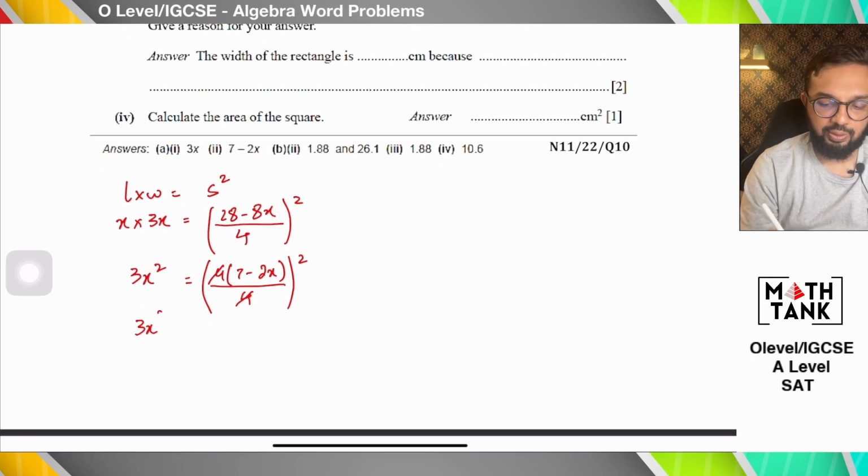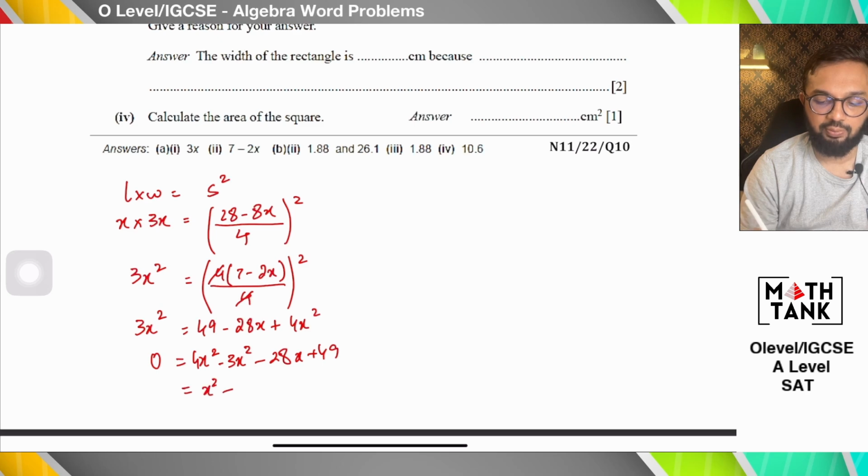So 3x squared and then 49 minus 2ab plus b squared. So I get 4x squared minus 3x squared minus 28x plus 49. Let's see if we have the right expression.